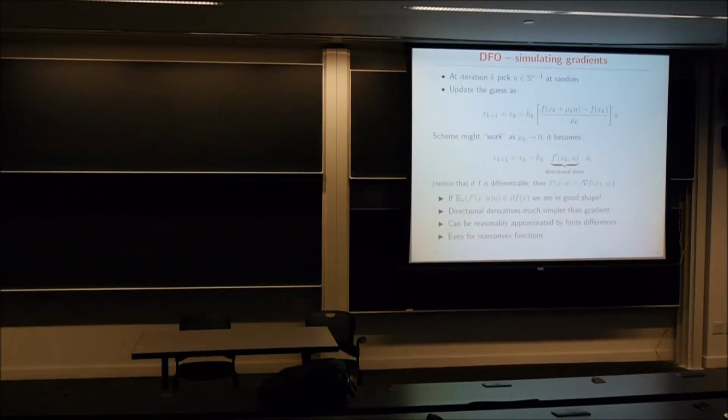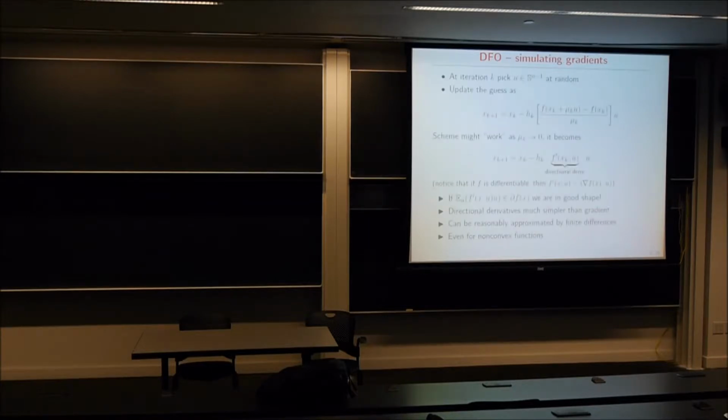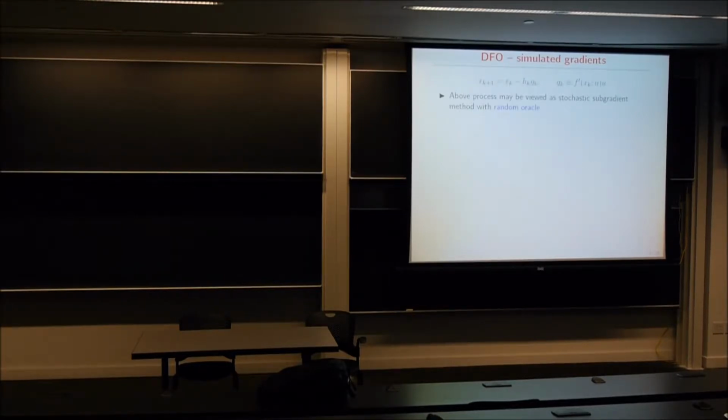Okay, so there are two views of this previous iteration that I showed you. This iteration with gk, where gk for me is just that directional derivative in that random direction, I could view that as some kind of stochastic subgradient, if that expectation on the previous page was correct.